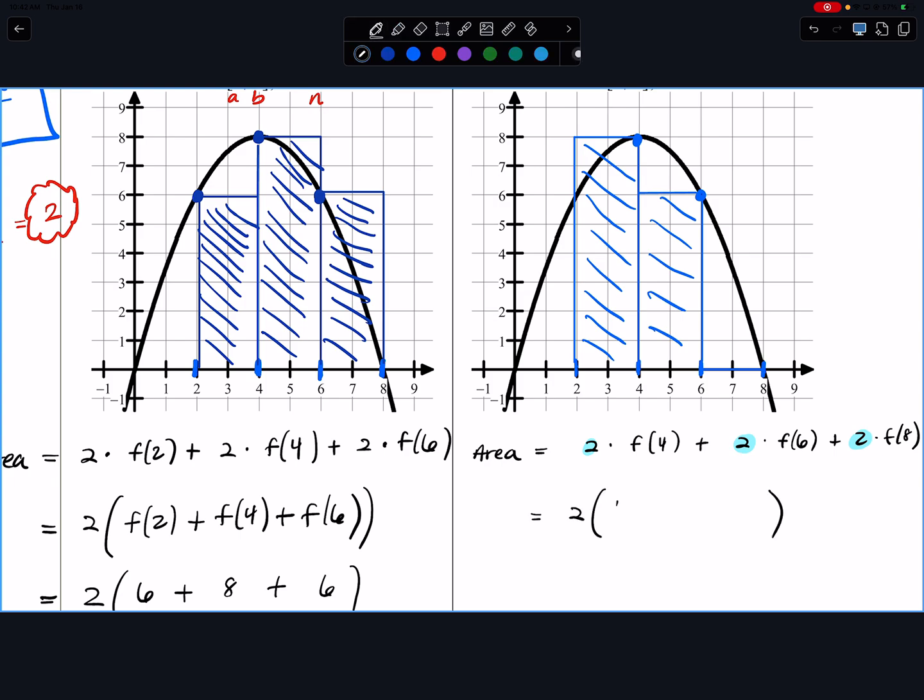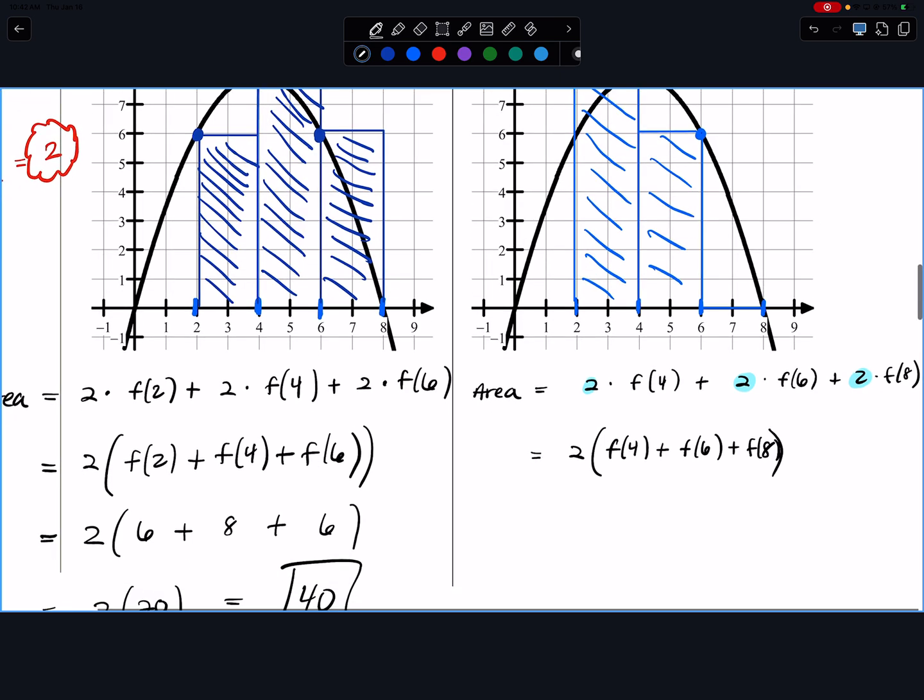So this is going to be f of 4 plus f of 6 plus f of 8. F of 4 is 8 plus 6 plus 0. What's 8 plus 6? 14. 2 times 14 is 28.